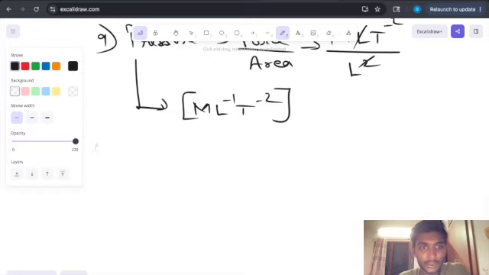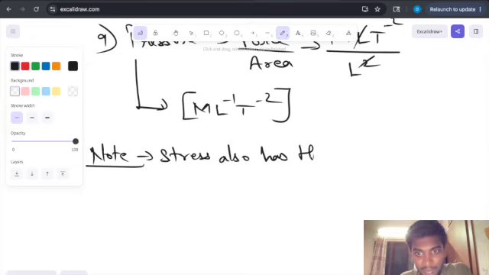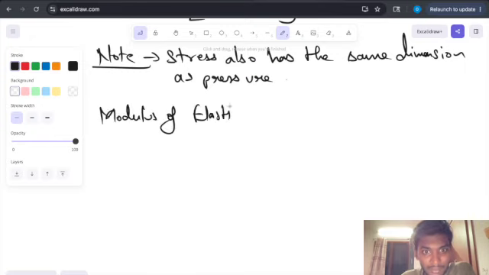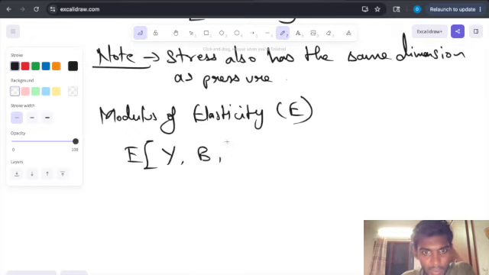Okay, for a note point, you can add: stress also has the same dimension as pressure. And not just stress, modulus of elasticity, E. So E includes Young's modulus, bulk modulus, rigidity modulus.